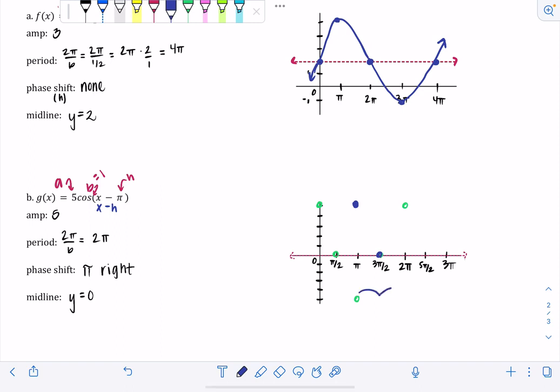This would move 1, 2 right here. This one moves 1, 2 right here. And then this one moves 1, 2 over to 3 pi. And then just keep in mind, you should end at 3 pi because it originally ended at 2 pi and you're moving 1 more pi to the right. And then from there you can connect your points.